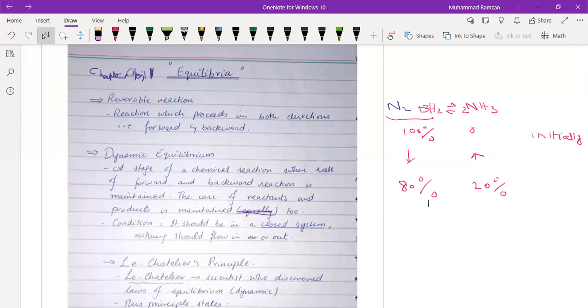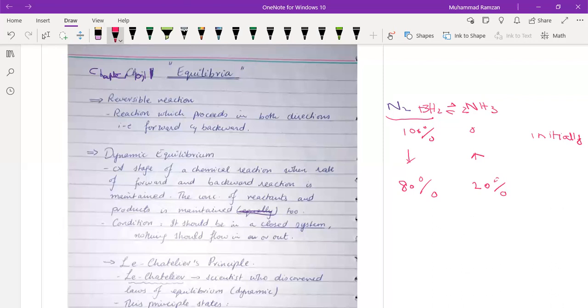What would happen? You will break the dynamic equilibrium. You remove a certain amount of NH3, it means 20% is shifted. If you remove 20% up to the maximum level, your position of dynamic equilibrium will be disturbed.